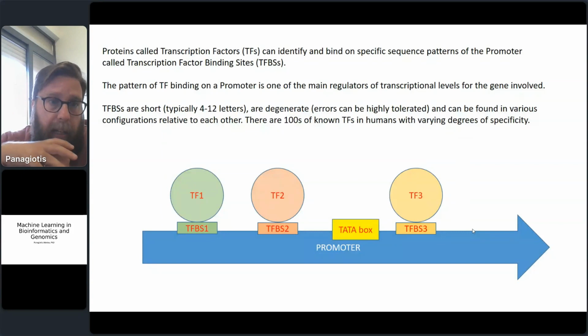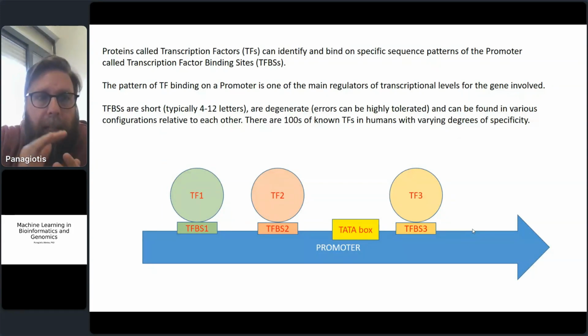It is degenerate, which means slightly similar sequences could still work, maybe a little better or a little worse, so they're very hard to identify accurately.